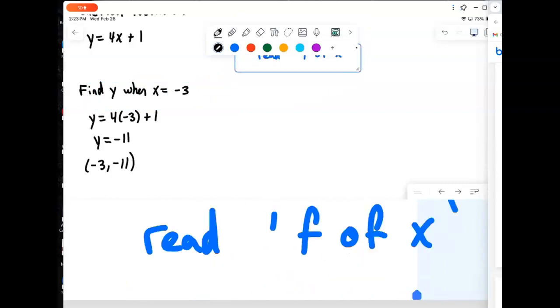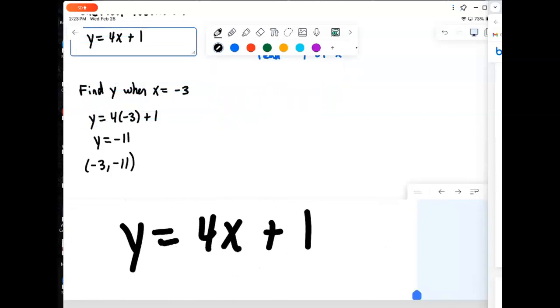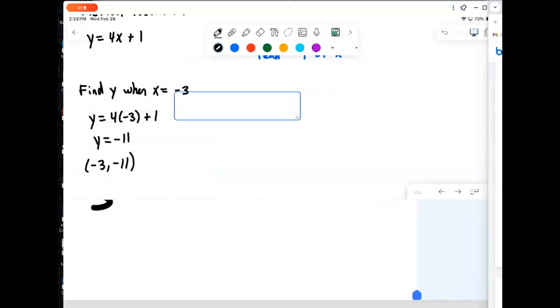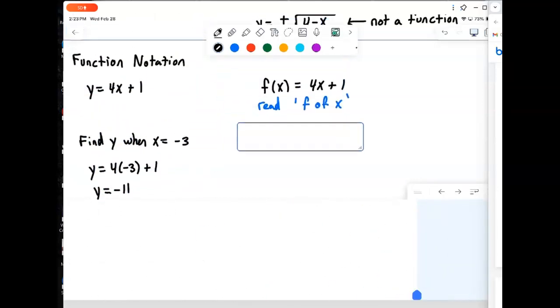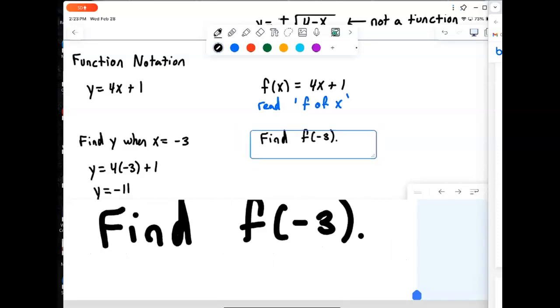So it's really a combination, as we're going to see, of the equation form and the point form. Because in function notation, instead of saying find y when x is -3, we would just say find f of -3.